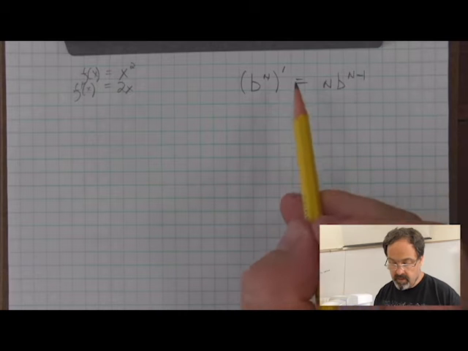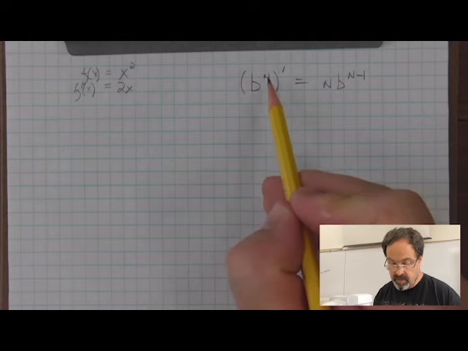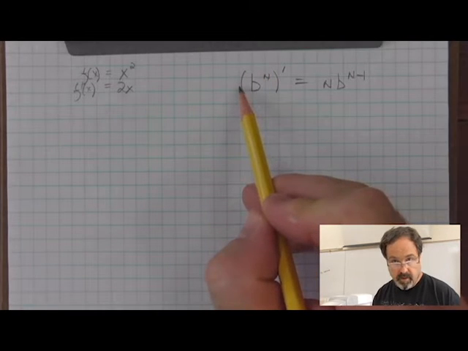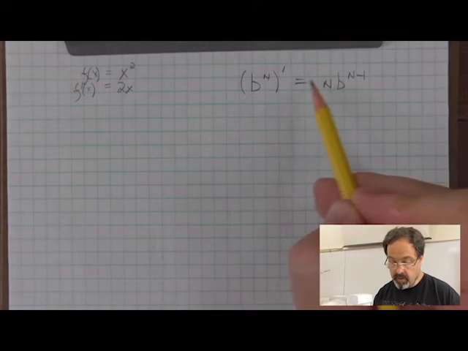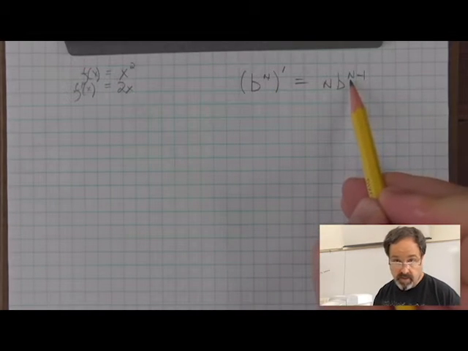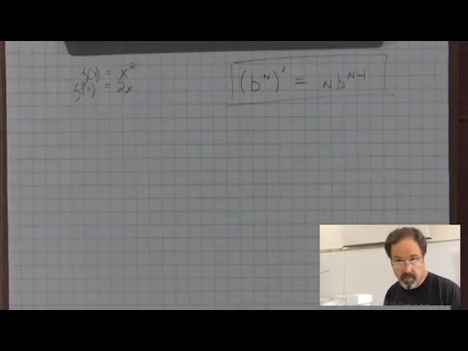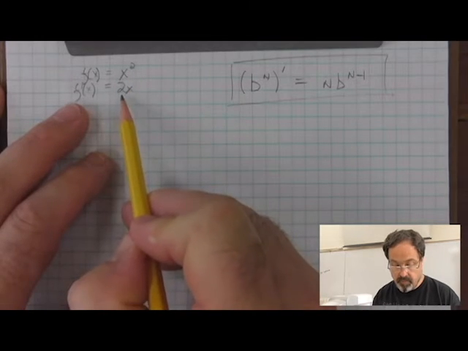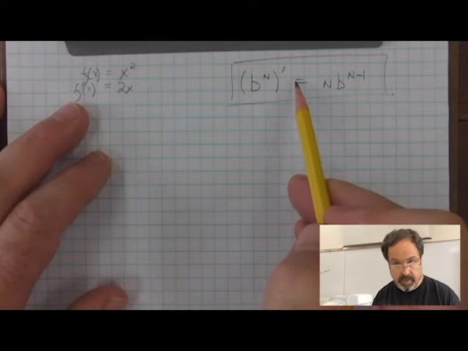And what does this mean? It means that if we're given a power, then we can take the exponent, move it down in front as a coefficient that now multiplies the power, and then we also reduce the exponent by 1. This is a property to find the derivative of any power. Notice that the derivative that we already knew, 2x, is this property in action.